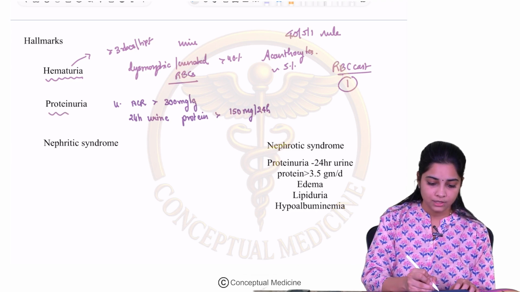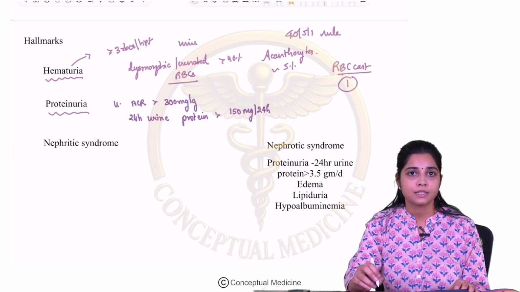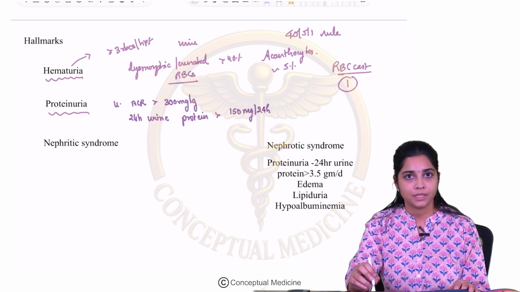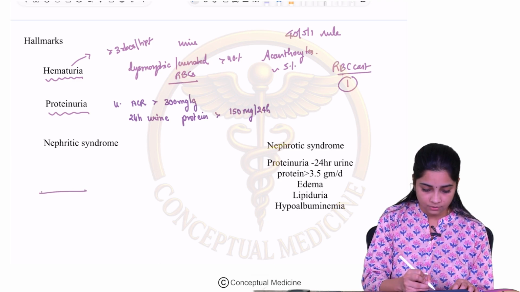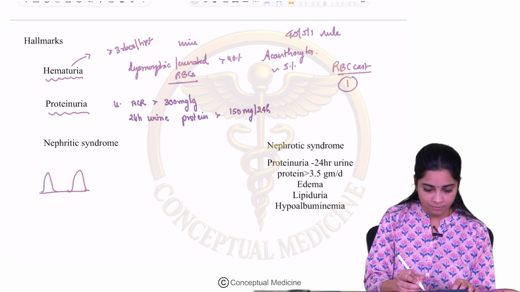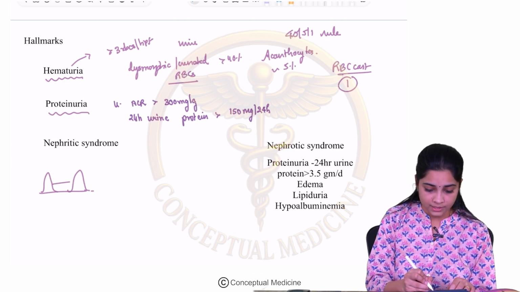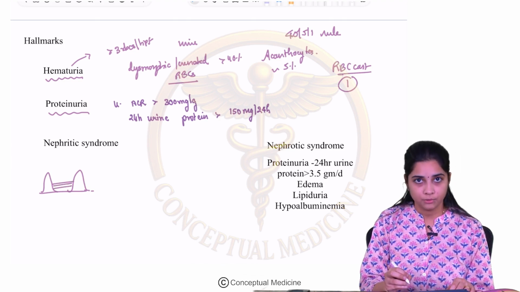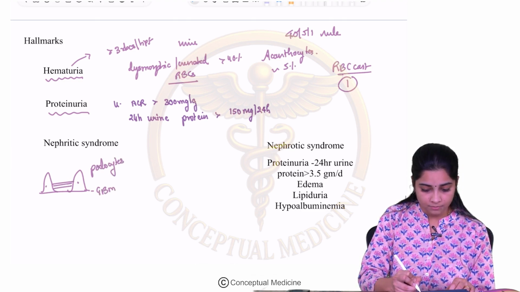Apart from that, how do they present? They also have proteinuria. We briefly discussed the proteinuria mechanism in the CKD chapter. The glomerular filtration barrier has podocytes and certain connecting proteins, right? These are your podocytes, and this is your glomerular basement membrane.